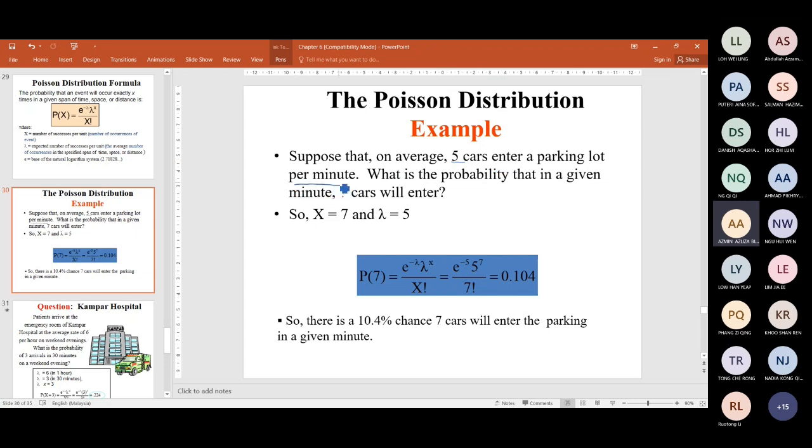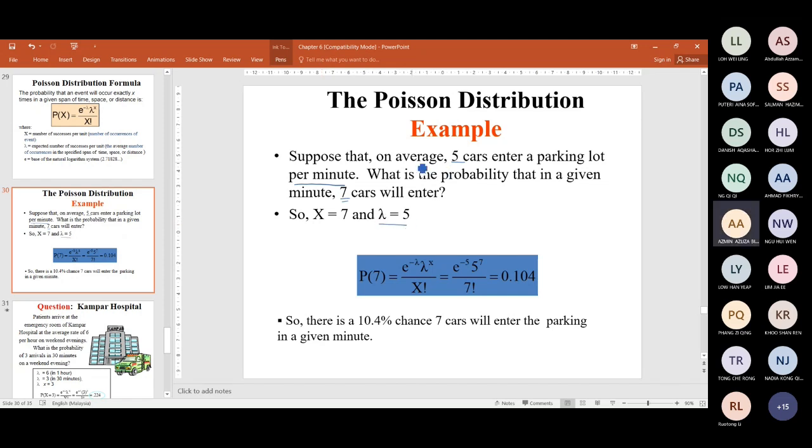This is the specified interval of time, meaning that in 1 minute, 5 cars enter. The question is, what is the probability that in a given minute, 7 cars will enter? This is our event of interest, so we want to find X equal to 7, the number of cars entering the parking lot equal to 7.